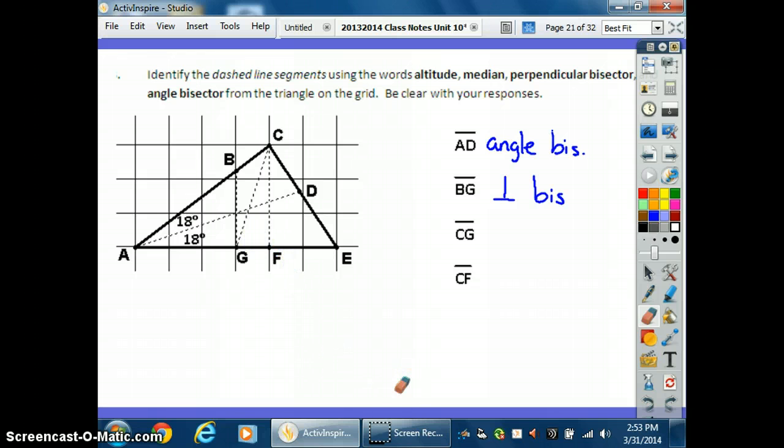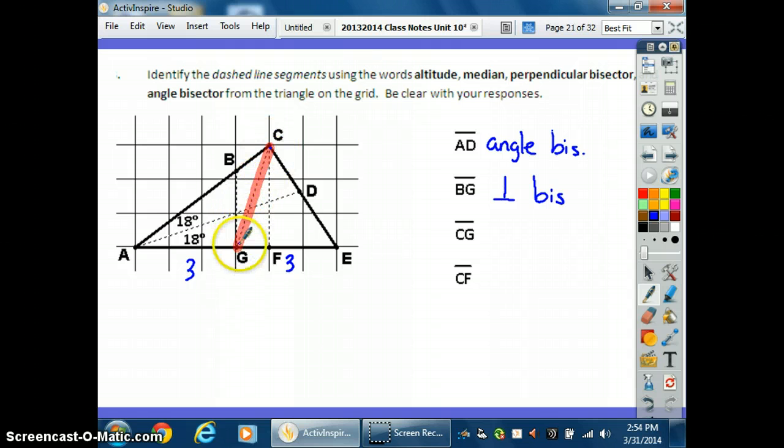All right, let's erase this. And now we're looking at CG. From C down to here. Okay, it looks like I've cut it into equal parts from the vertex to the midpoint. From the vertex to the midpoint.